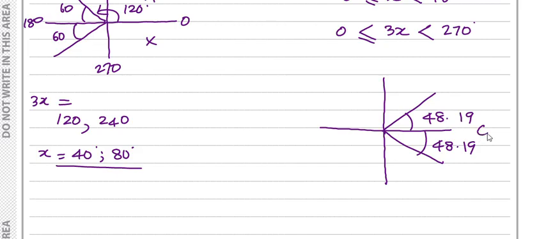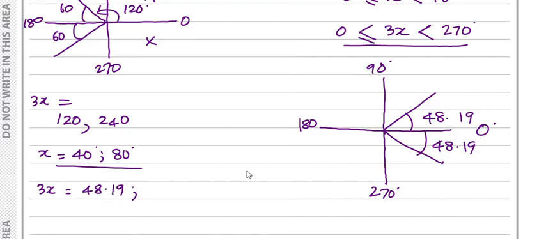And going for scouting for the angles, this is 0 degrees, 90 degrees, 180 and 270. We are only interested in angles which are falling between 0 and 270 degrees as per this. So the first angle is 3x is equal to 48.19. Okay. The second angle, there is no other angle between 0 and 270. So that's it.